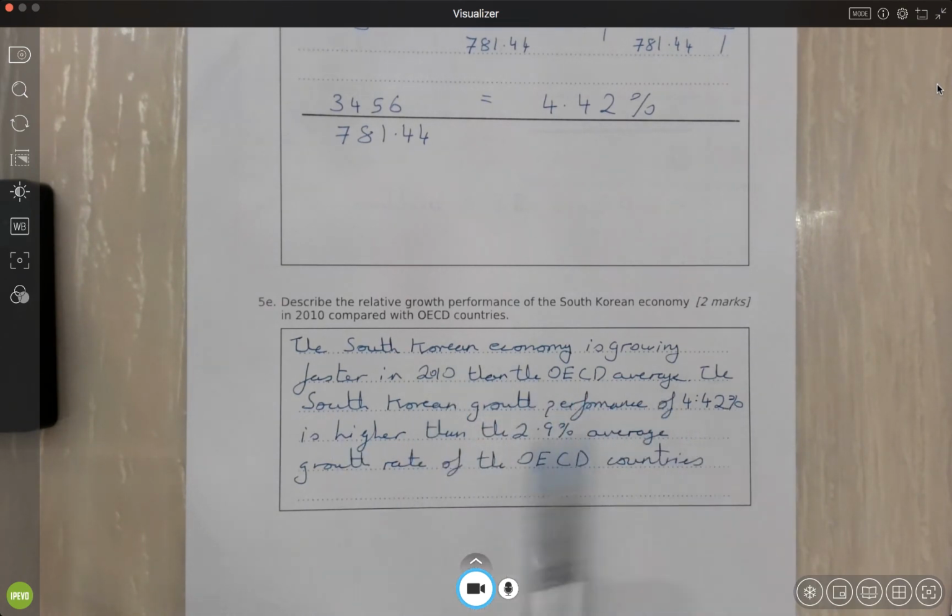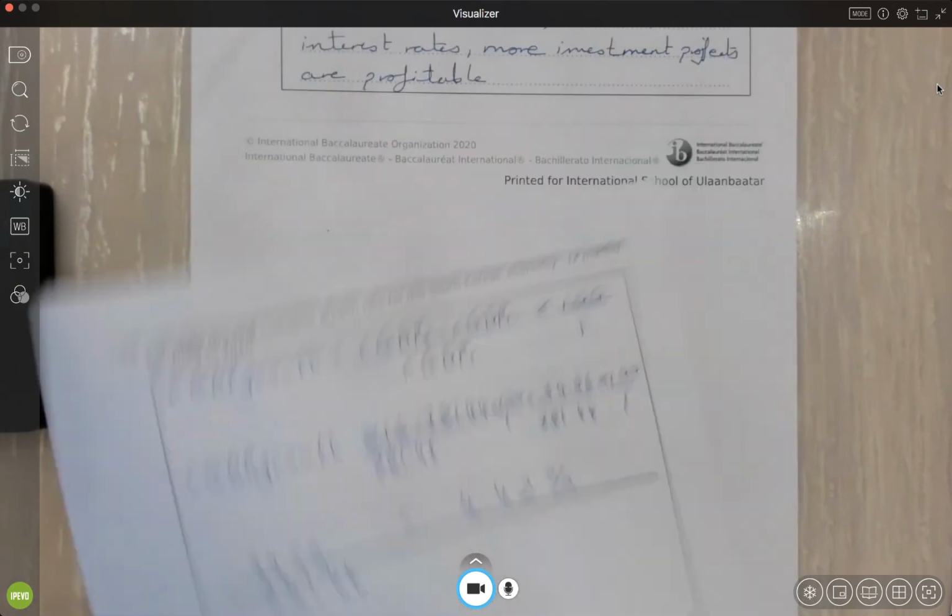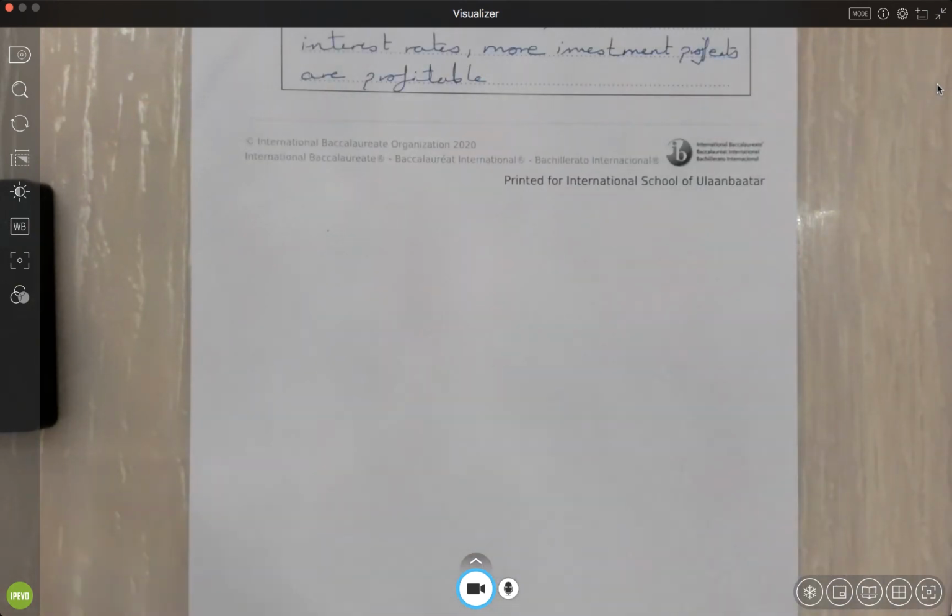The South Korean growth performance of 4.42% is higher than the 2.9% average growth rate of the OECD countries. Now, guys, you're smart guys, you're able to do this. So that's simple. All I'm saying is refer to the data in your answers.